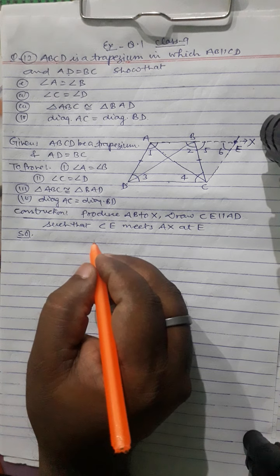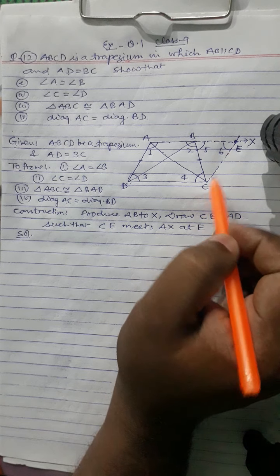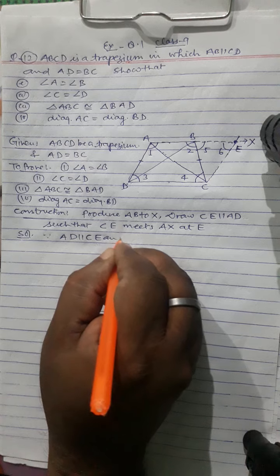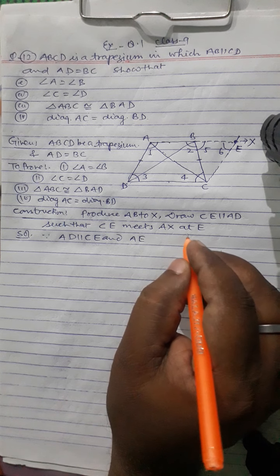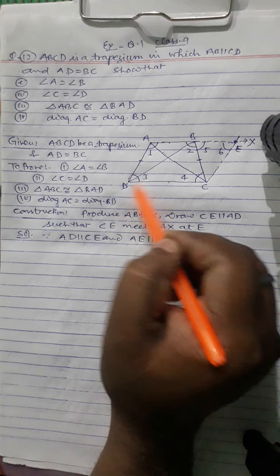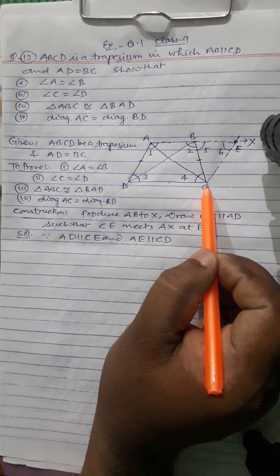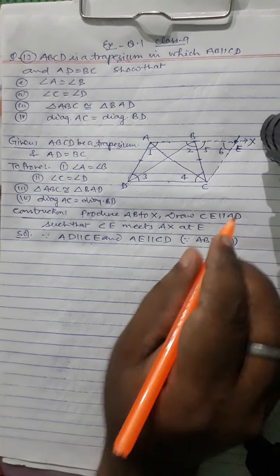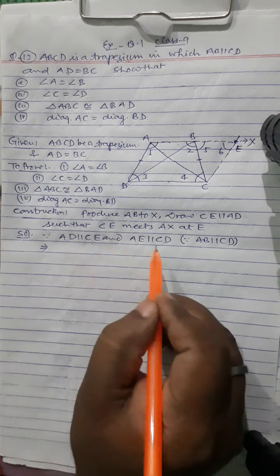So first of all, AD is parallel to CE by construction, and AE is parallel to CD, since AB is parallel to CD and we have produced AB to X. So this implies that AD is parallel to CE by construction, AE is parallel to CD.